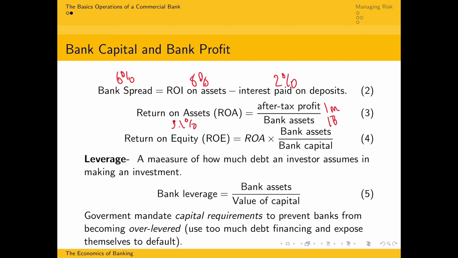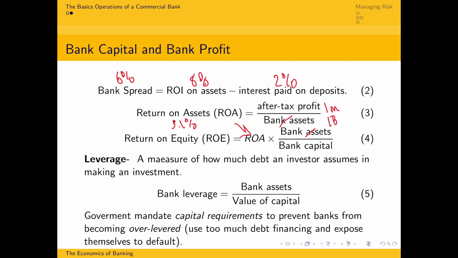Now, the return on equity is a little bit different. This looks a little bit complicated, but you can look at it a different way. If you plug in this formula here, then bank assets is going to cancel out from the top and the bottom. And so you're looking at just the after-tax profit over the capital on hand that a bank has.